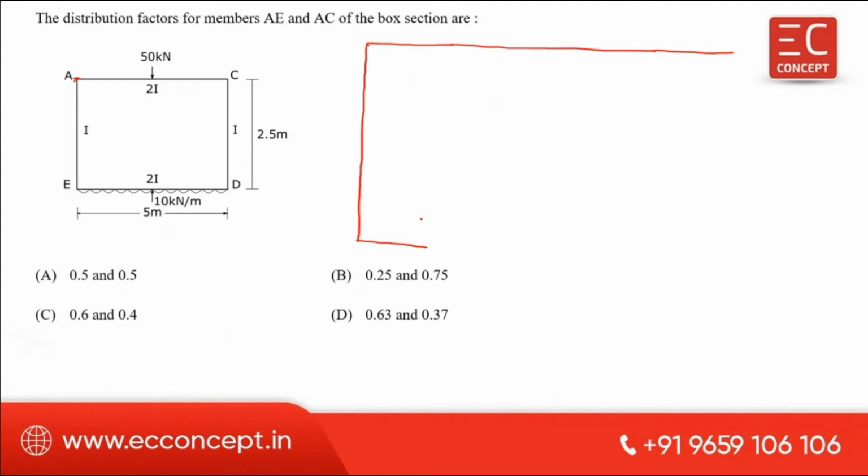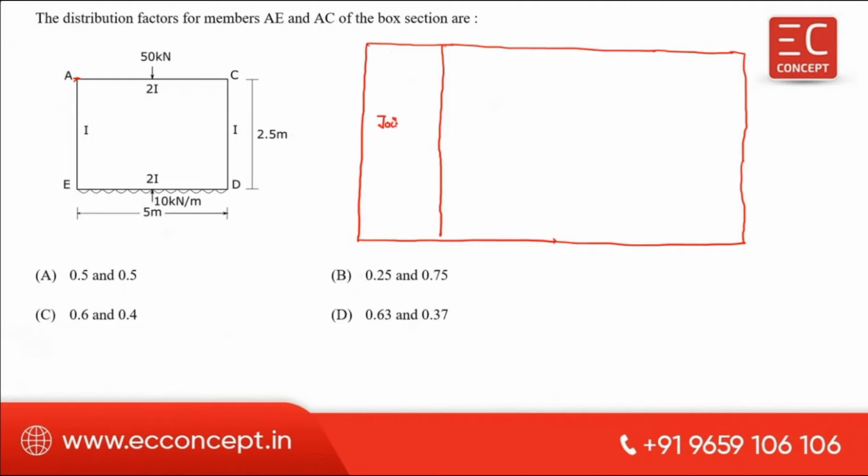Okay, so we can do this. First of all, joint A. Then there are the members. Then the stiffness of each member.